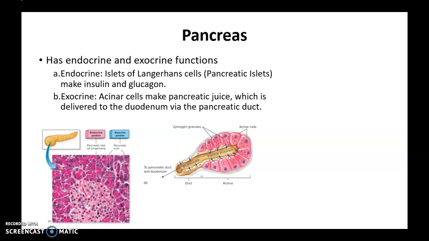So again, the acinar cells produce enzymes in inactive form which travel via the pancreatic duct to the duodenum, and in the duodenum these inactive pancreatic enzymes get activated to help in digestion.